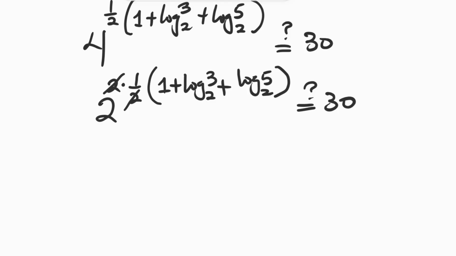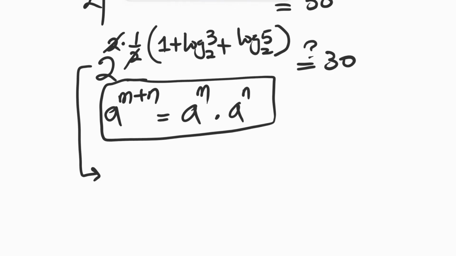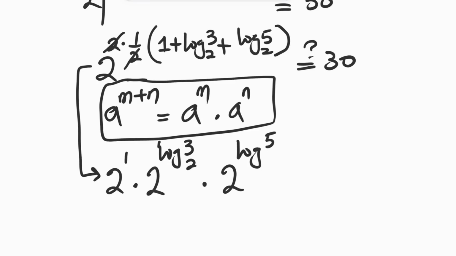And when we open the bracket, we know from the law of indices that a raised to power m plus n is equal to a raised to power m times a raised to power n. So applying this to the left hand side, we have 2 raised to power 1 times 2 raised to power log of 3 base 2 and times 2 raised to power log of 5 base 2.